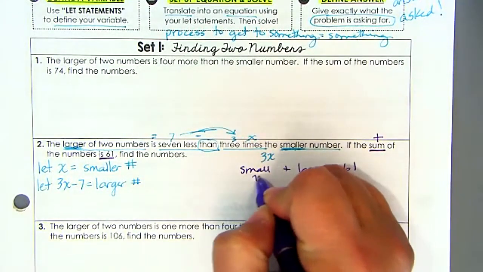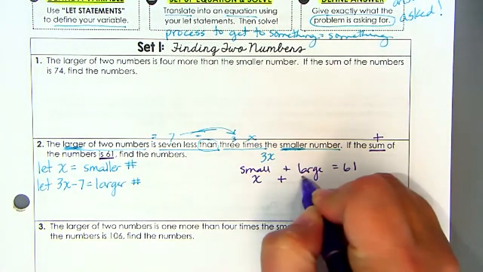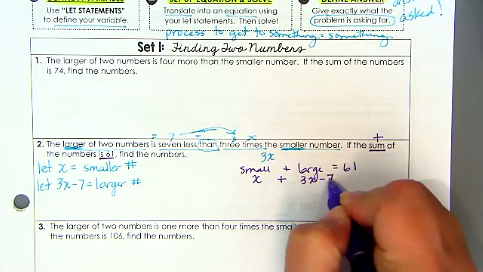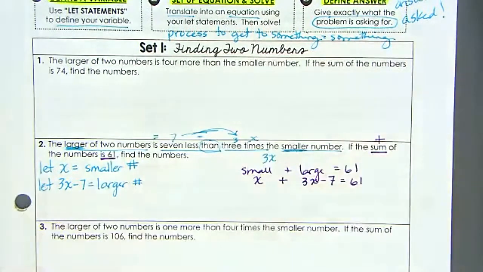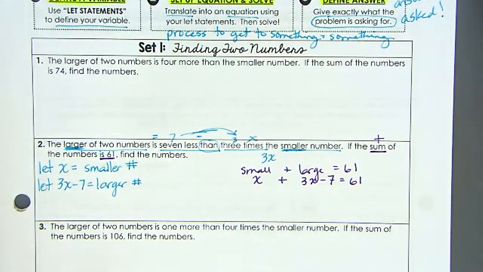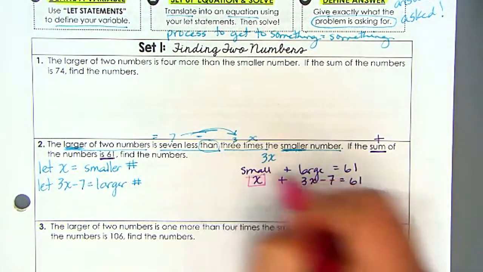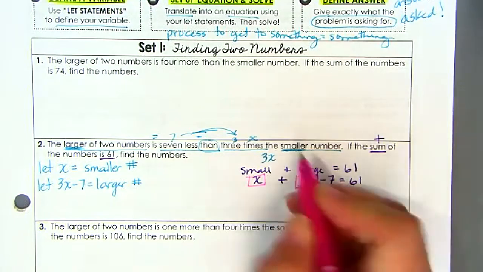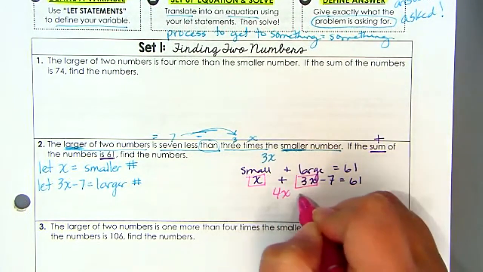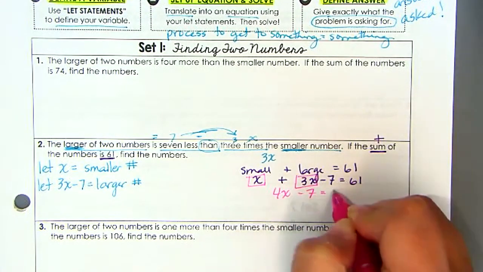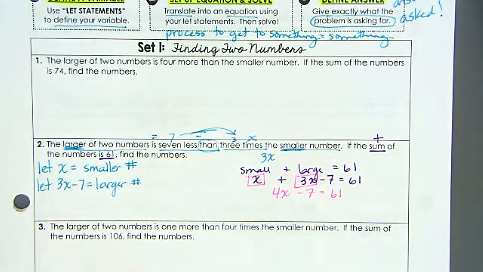So I'm going to have x plus 3x minus 7 equals 61. And now I solve. Combine my like terms, and I have 4x minus 7 equals 61.